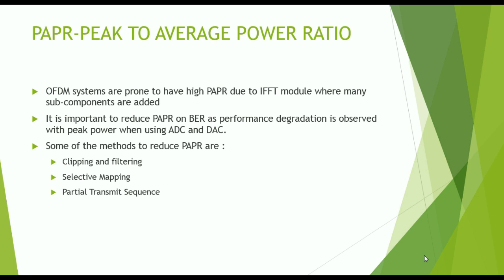This paper discusses PAPR and its reduction because its impact on the performance of the OFDM system is in terms of BER and power efficiency. PAPR matters because power amplifiers are implemented as part of the transmitter module, and the power amplifiers are very sensitive to changes in signal.